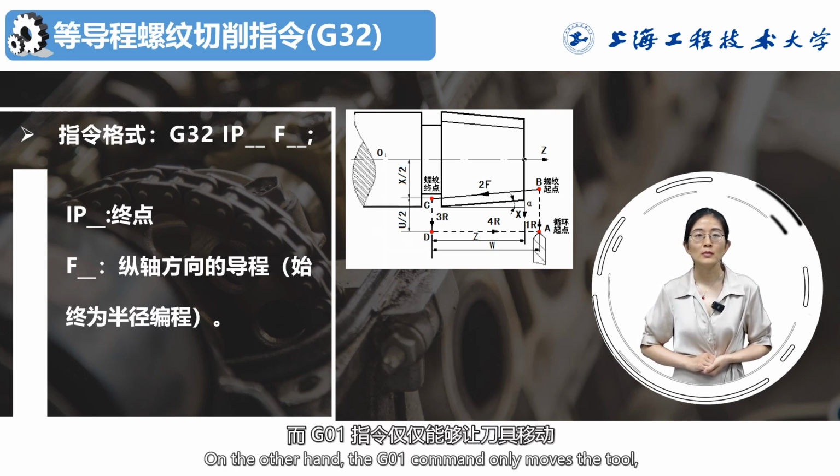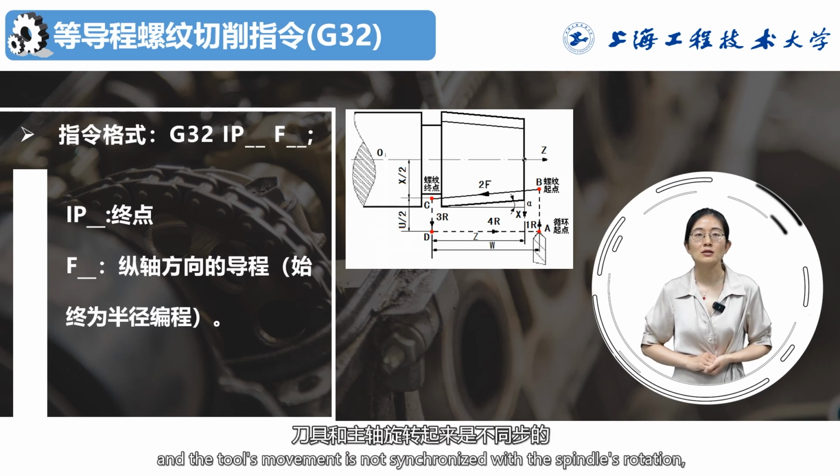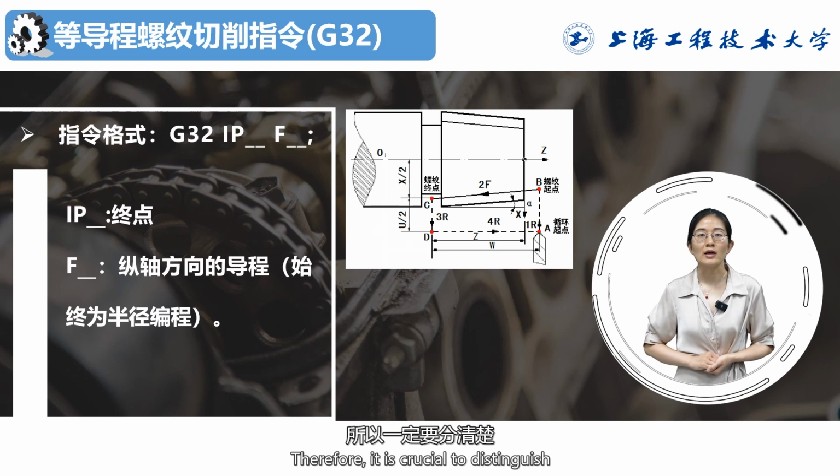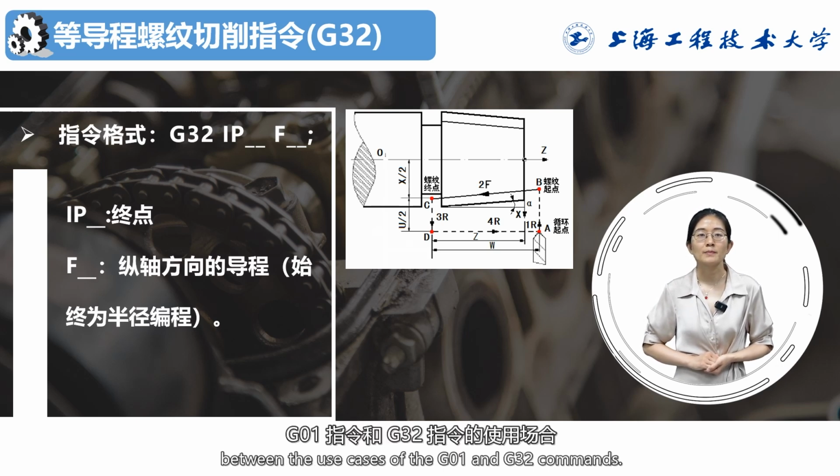On the other hand, the G01 command only moves the tool, and the tool's movement is not synchronized with the spindle's rotation, which would result in a threading defect if used for thread cutting. Therefore, it is crucial to distinguish between the use cases of the G01 and G32 commands.